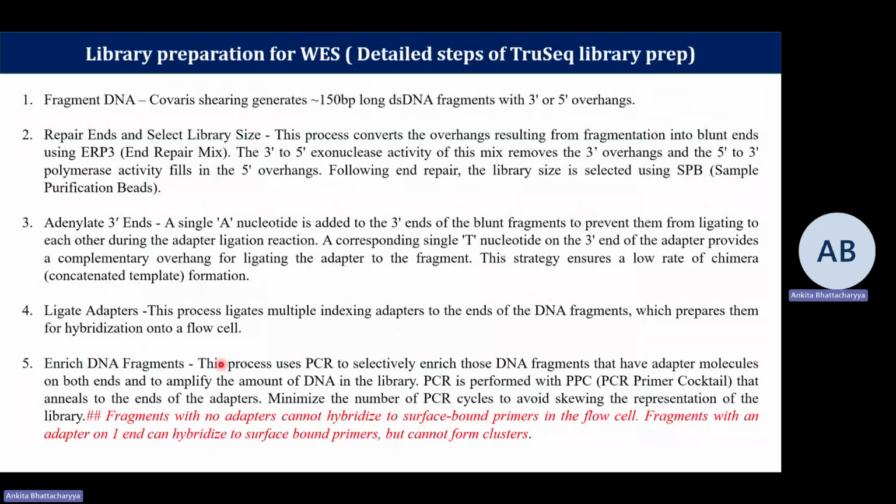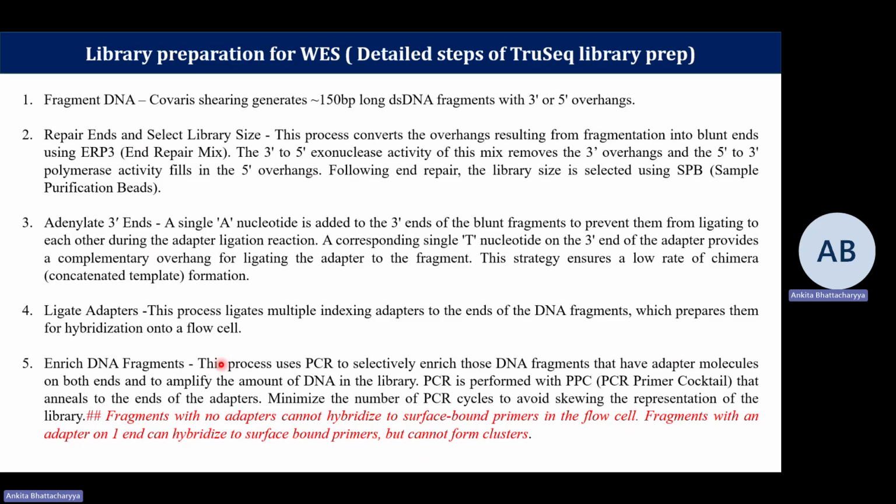When we talk about library preparation steps, we have talked about TruSeq library. First, you fragment your DNA, you do end repair and select your library size. Then you adenylate the 3' end, where an A is added to the end of blunt fragments to prevent random ligation also, which reduces concatemer template formation.